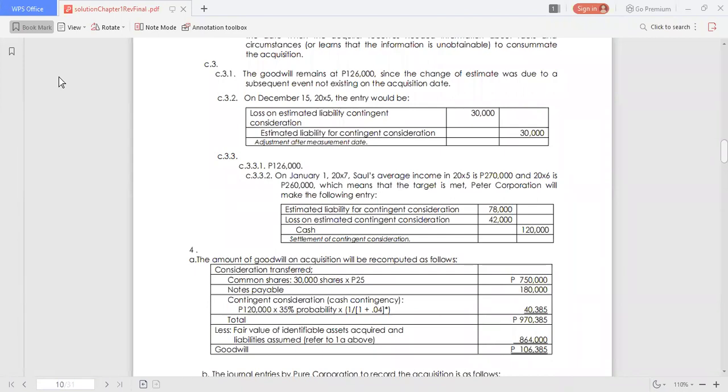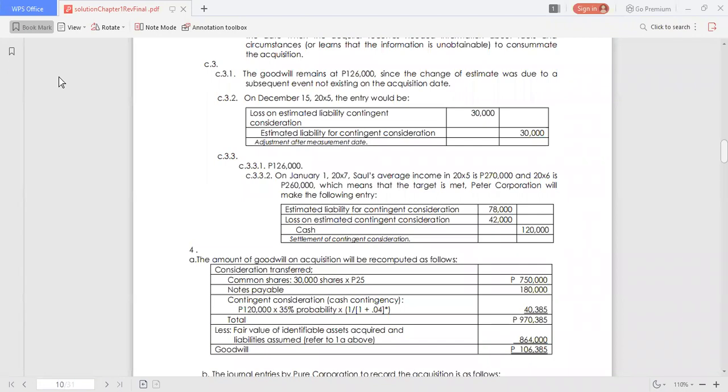Assuming that Saint Corporation will generate cash flows from operations of 360,000 or more in 20x5, Saint estimates that there is a 35% chance that the 120,000 will be required. Saint uses an interest rate of 4% to incorporate the time value of money. Determine the amount of goodwill.